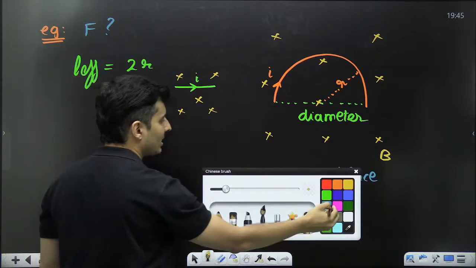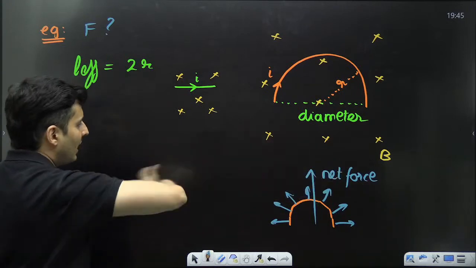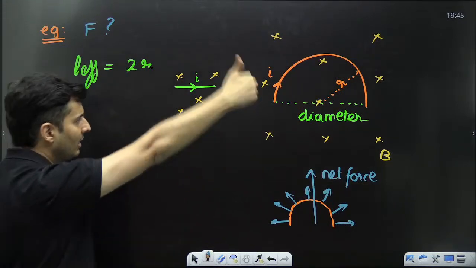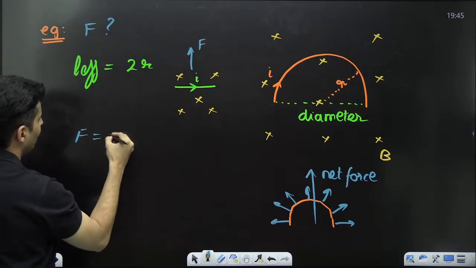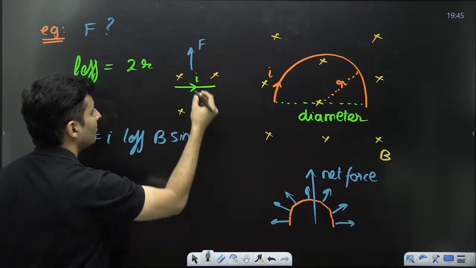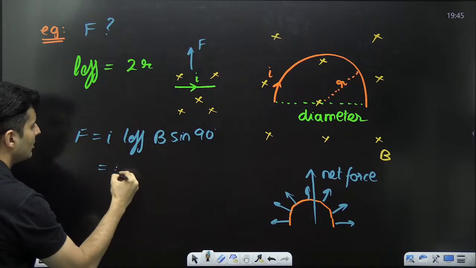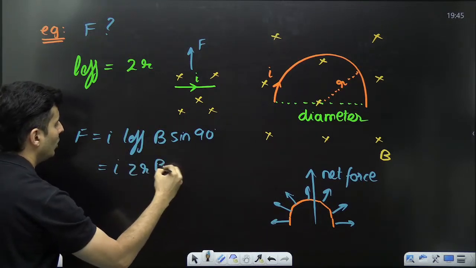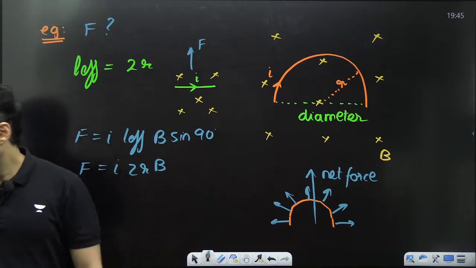So obviously it will experience force I L cross B. Length is there, magnetic field inside, so there will be a force like this. That force will be I L effective into B into sine. You can see length and magnetic field both are perpendicular, so sine 90. So I into 2R into B. So that's it. F is 2IRB.